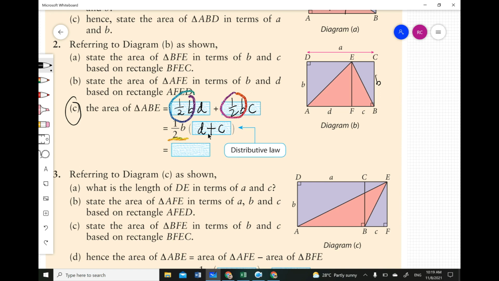Now if you look at D plus C, this is D, this is C. D plus C is actually equal to A. Can you see that?